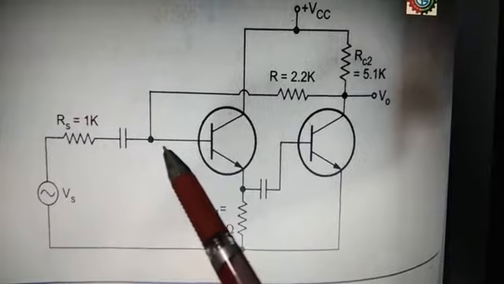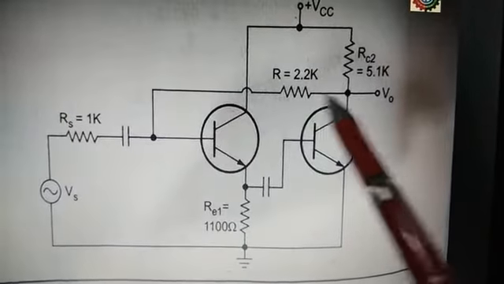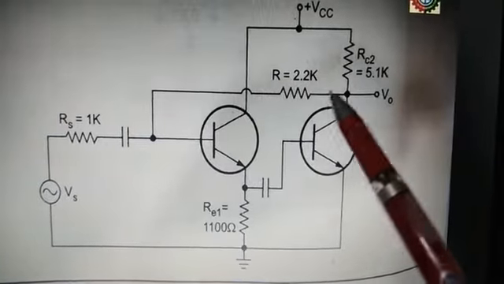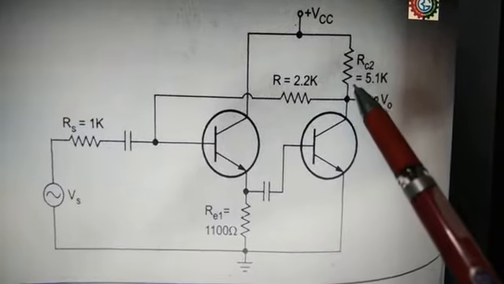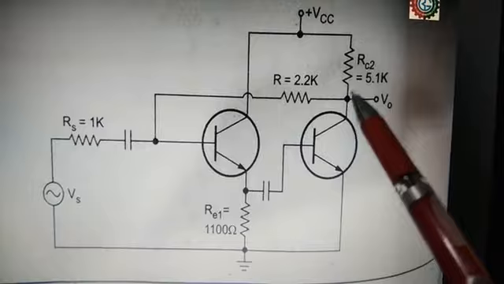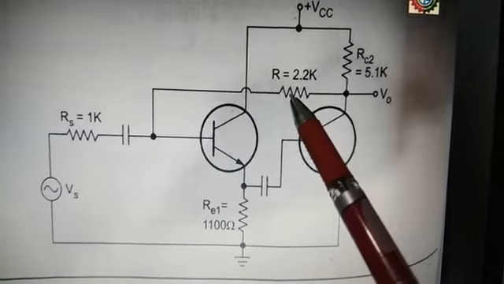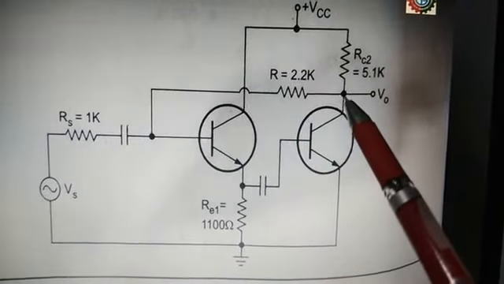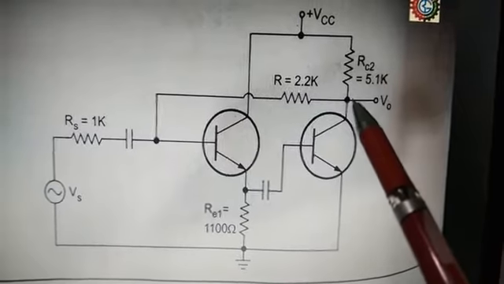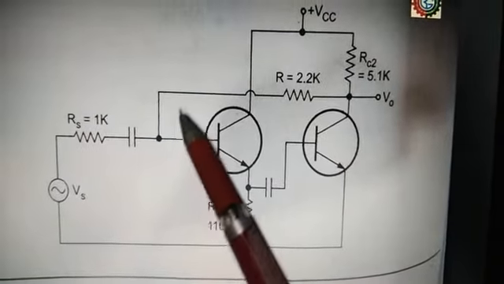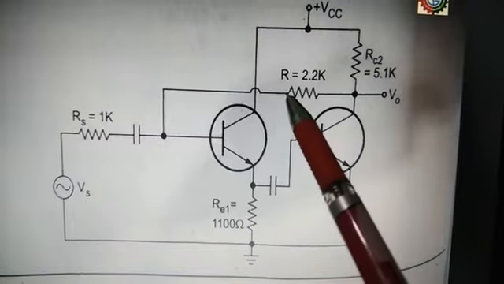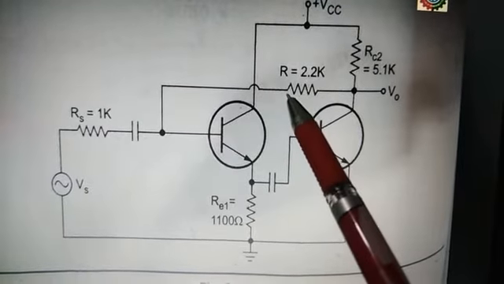Now the output means the output across this RC2 is the voltage, and this is the input to the feedback circuit. This input, which is equal to the output, produces the feedback current here, and the feedback current is the output of the feedback circuit.